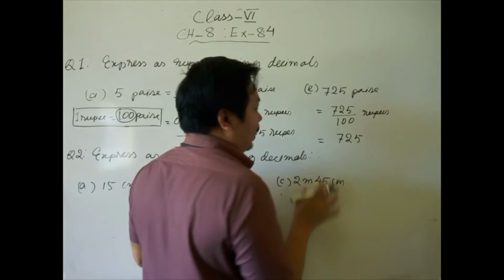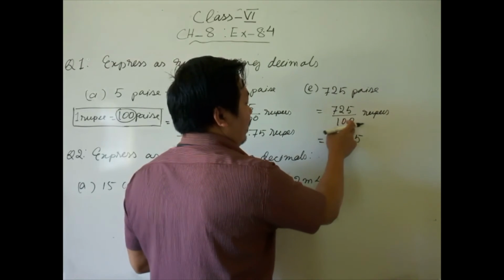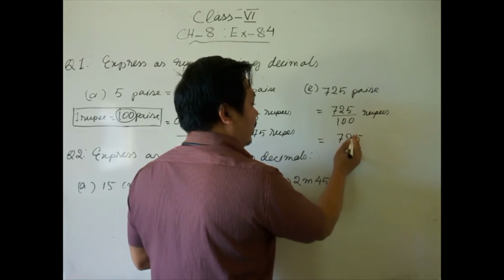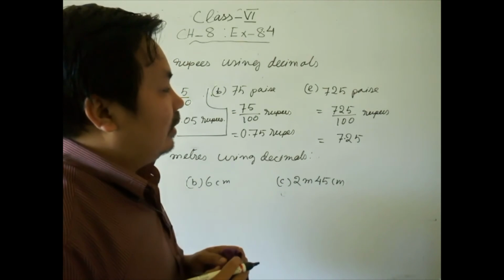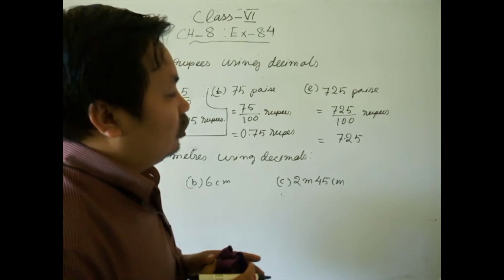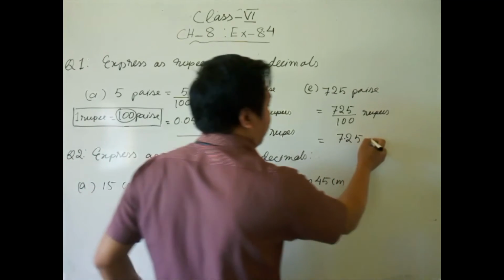Now we place the point: count the number of zeros in 100, which is 2. Start counting from the right: 1, 2. Then put the point there, between the 7 and the 2. So it becomes 7.25 rupees.